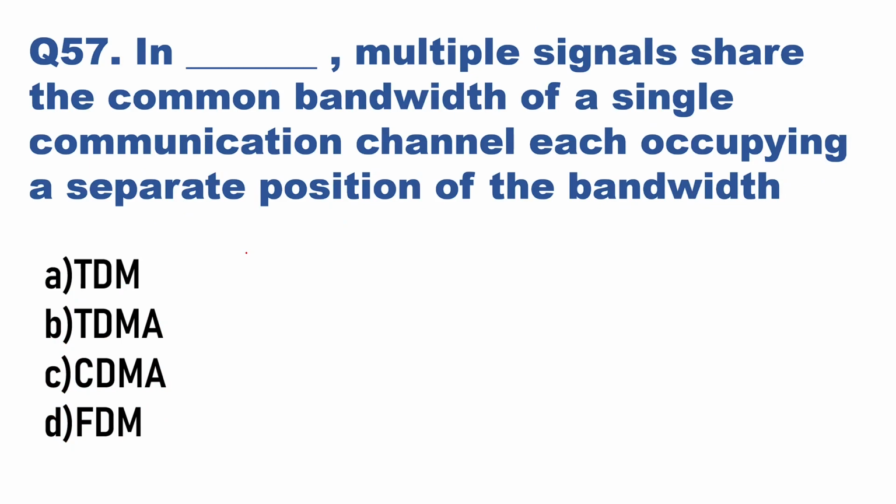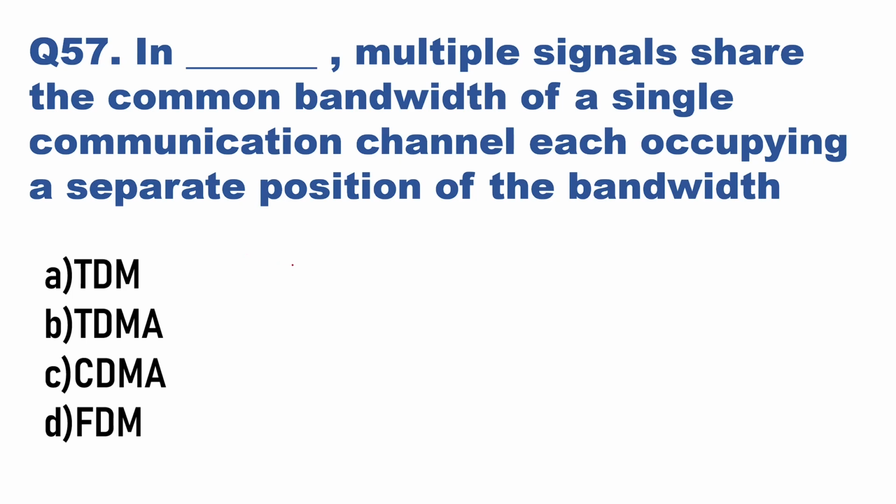Then we'll go to the next question, question number 57. In dash, multiple signals share the common bandwidth of a single communication channel, each occupying a separate portion of the bandwidth. Now, this is possible because of modulation, and in a given bandwidth of frequency, each part of it can be given to an individual channel.